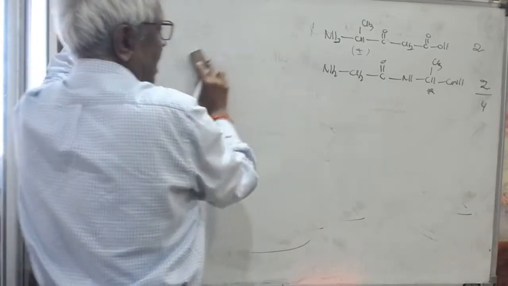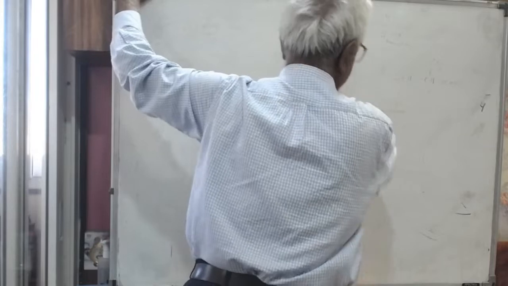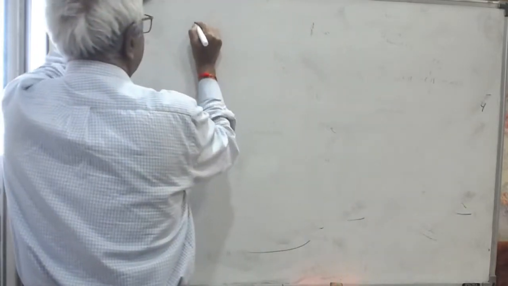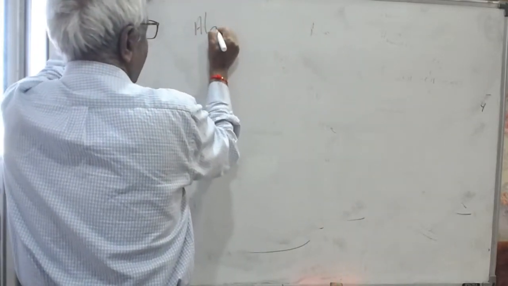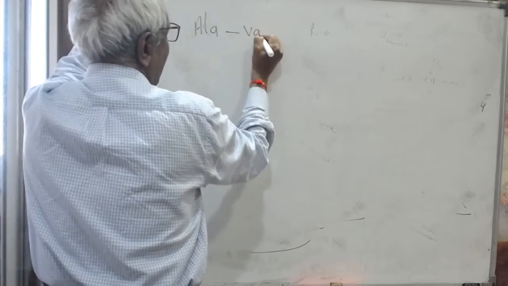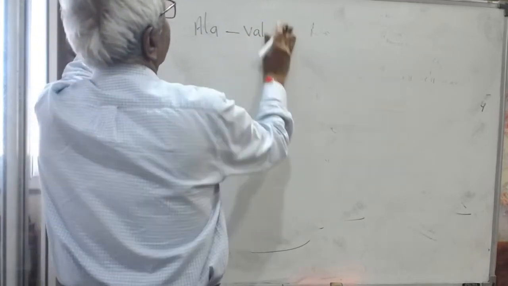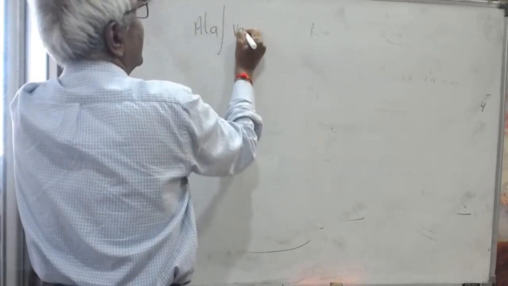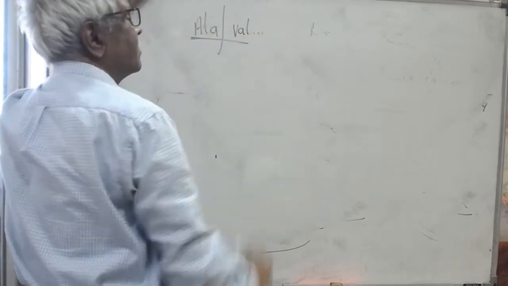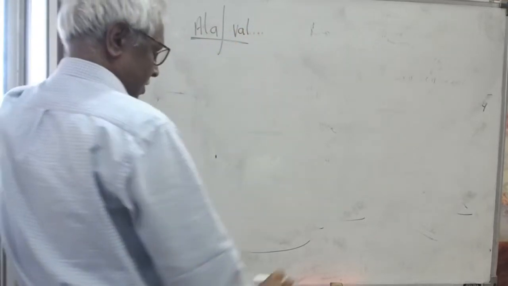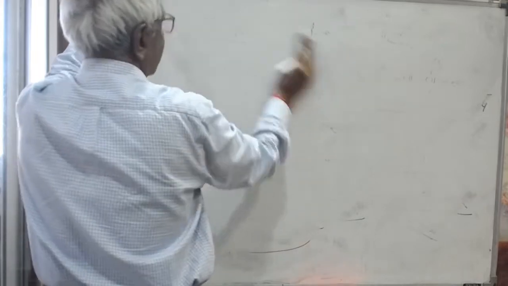Suppose I ask ALA and VAL, how many dipeptides are possible if including stereoisomers?